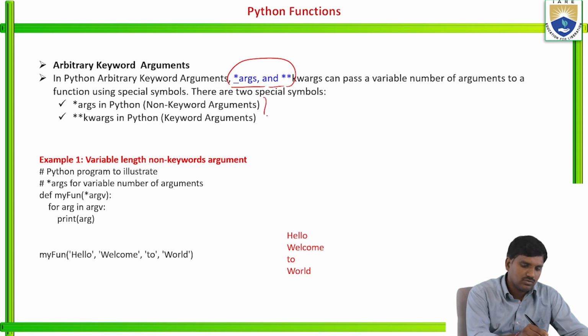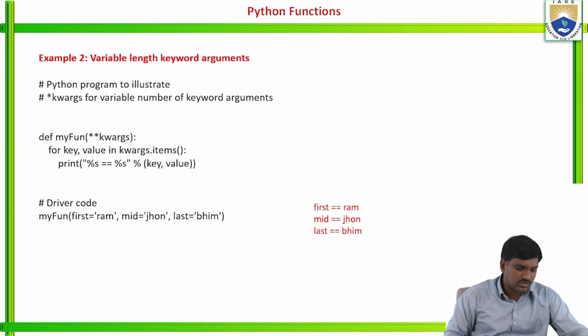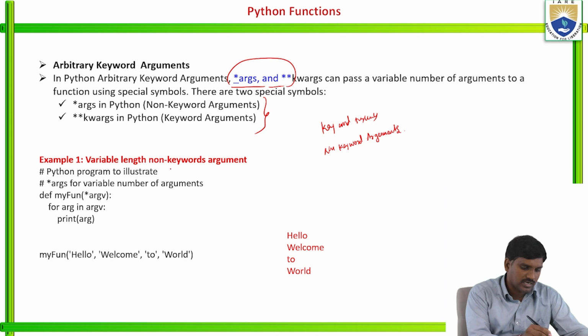So here we have two types of arguments: keyword arguments and non-keyword arguments. This is an example program for non-keyword arguments.